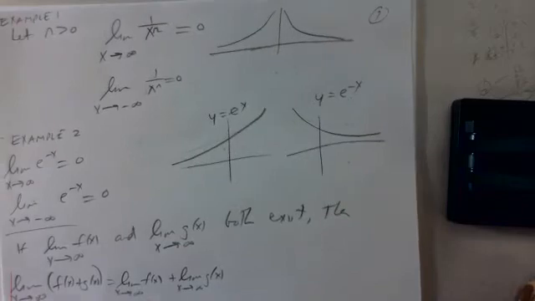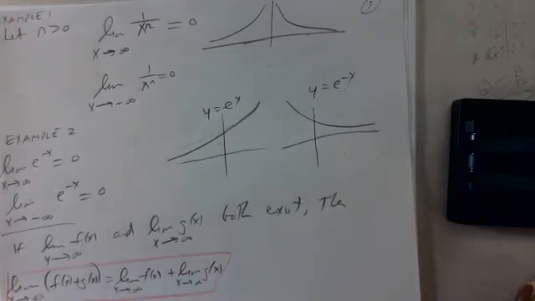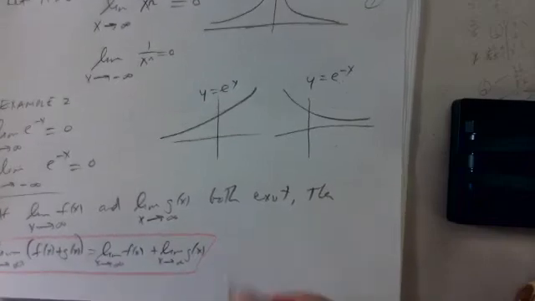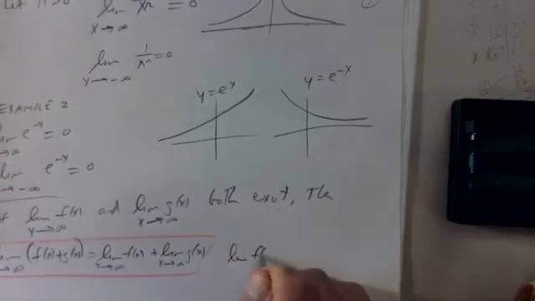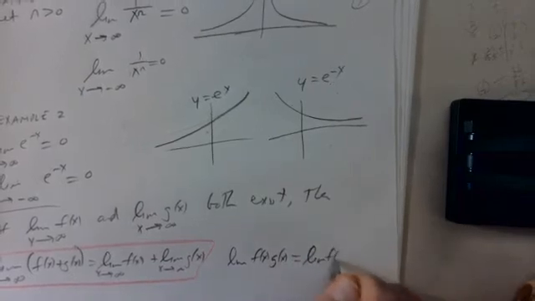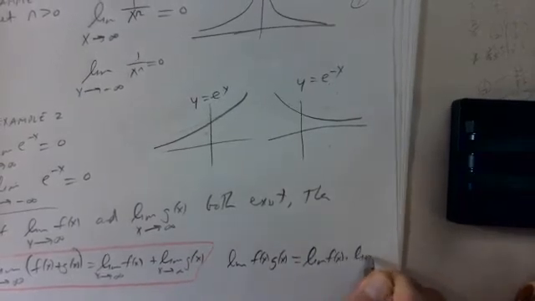So the limit of the sum is the sum of the limits even when x is going to infinity. And the same with products. The limit of f of x times g of x is the limit of f of x times the limit of g of x.